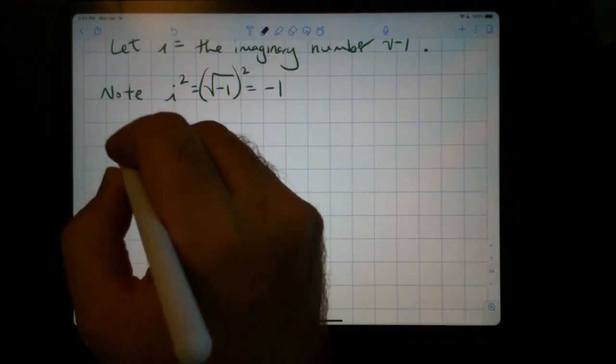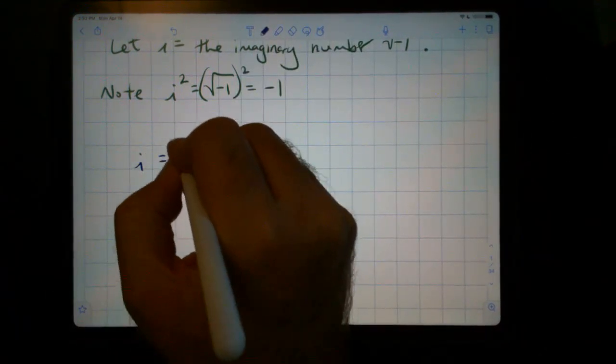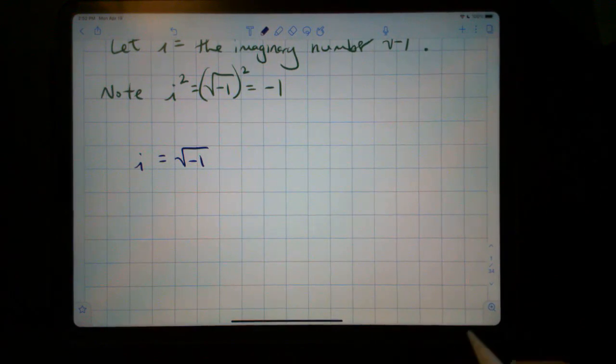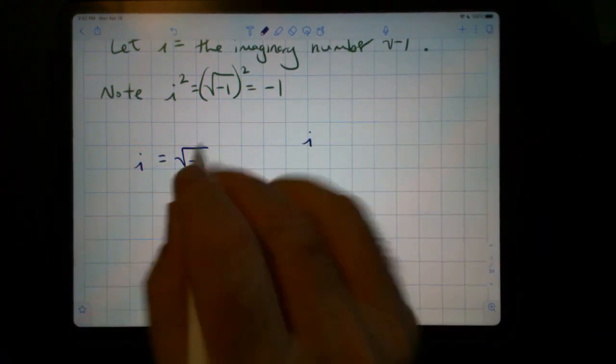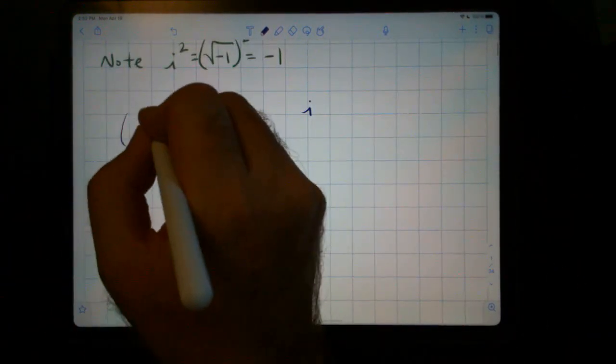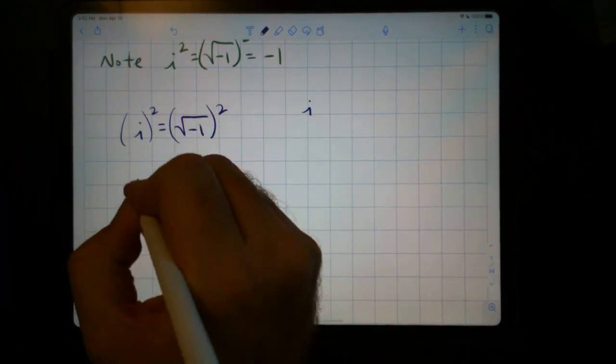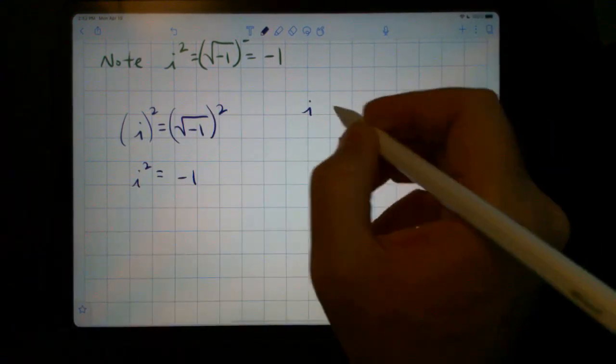So what we have, i equals square root of -1. If you square both sides, we have i squared is equal to -1.